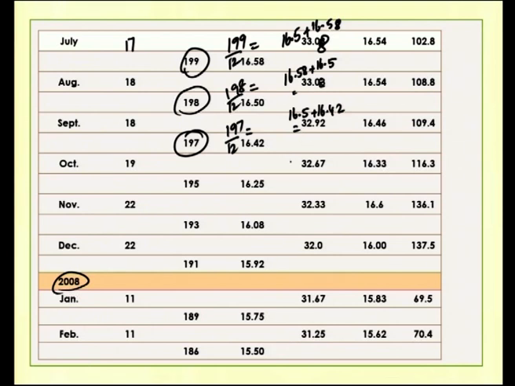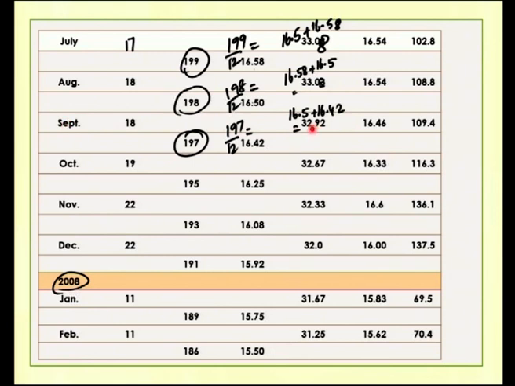Likewise, this is calculated. 16.58 plus 16.5 total is 33.08 and it is written against August. Similarly, 16.5 plus 16.42 is written against September.